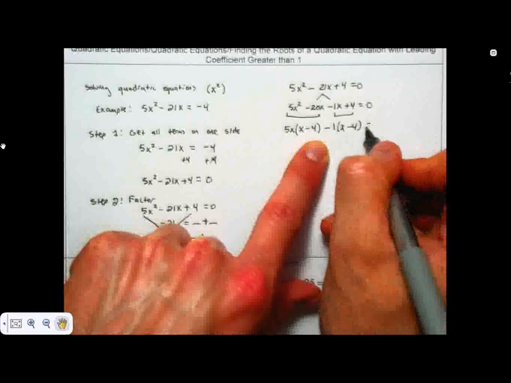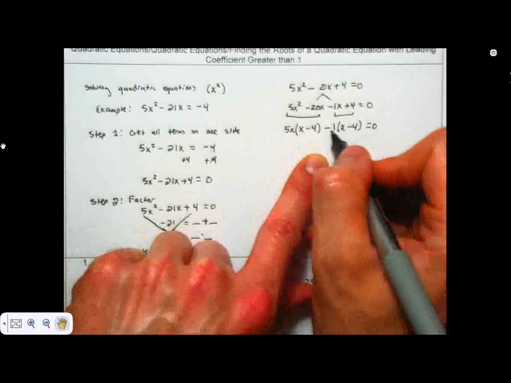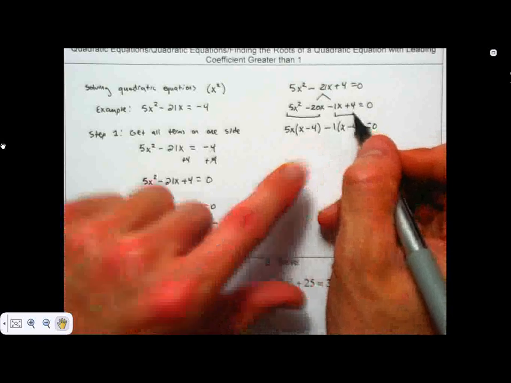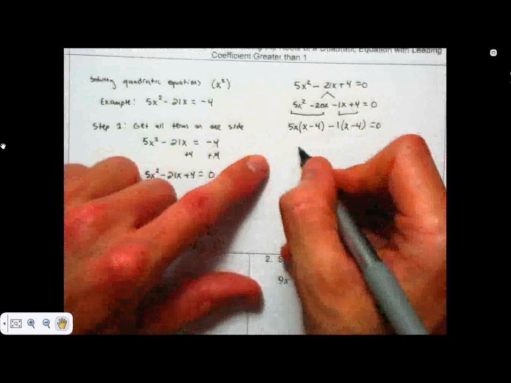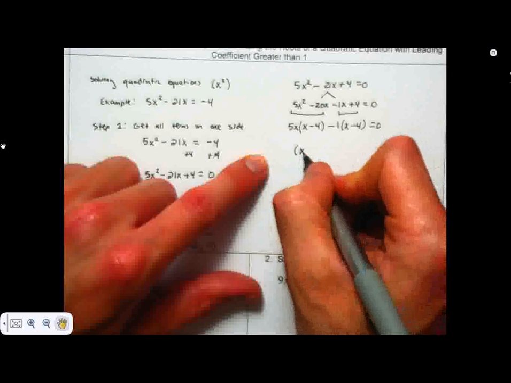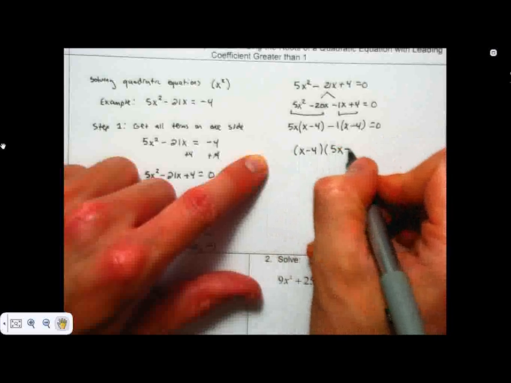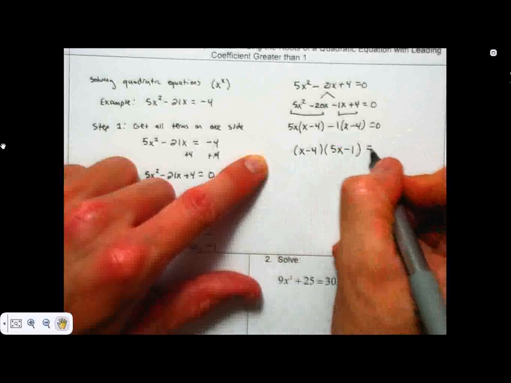And again, the reason why it's x minus 4 is because -1 times -4 gives me the positive 4 that I started with. And so my factoring answer is going to be x minus 4 times 5x minus 1 equals 0.